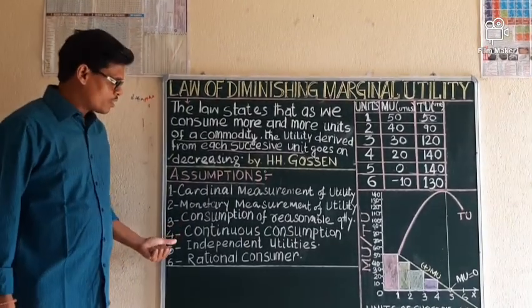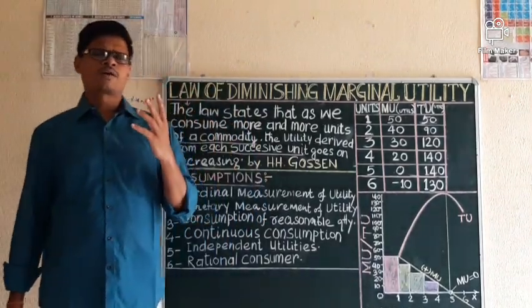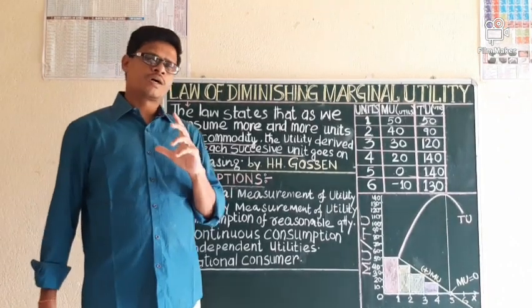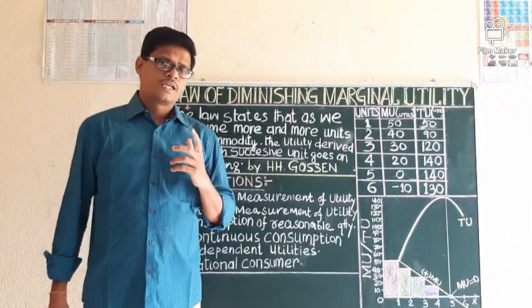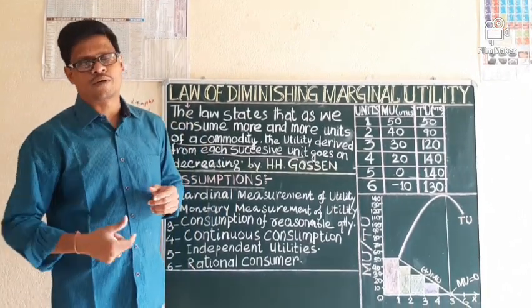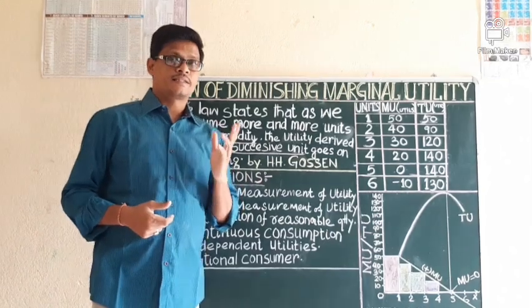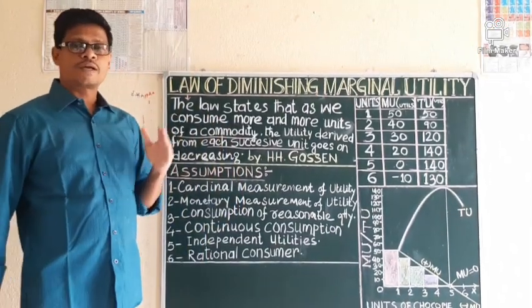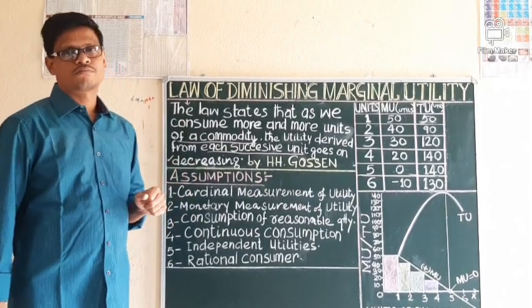And the next one is continuous consumption. Suppose you are coming from your game at 5 o'clock. You consume one piece of Lotto Choco Pie. And at 5:30, you consume the second piece. We should not take it for granted that the piece consumed at 5:30 will give you lesser satisfaction.